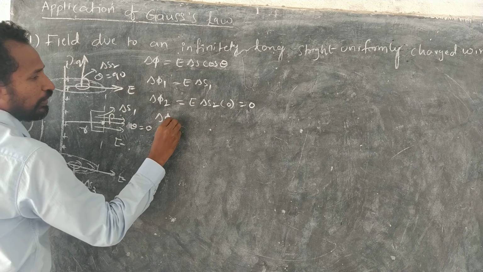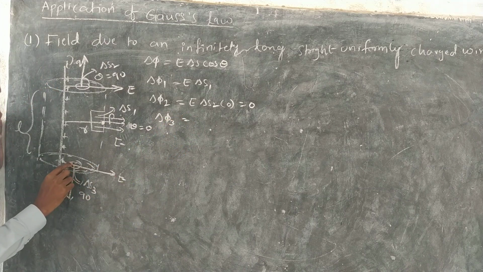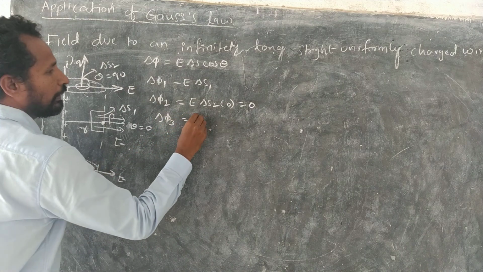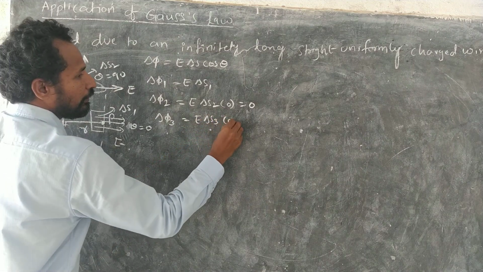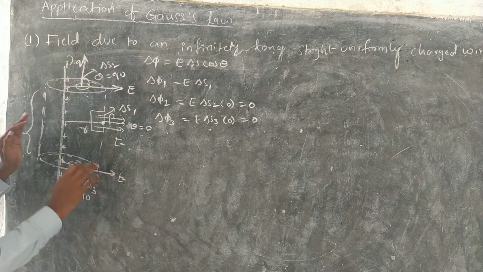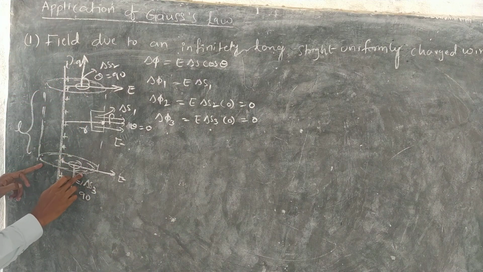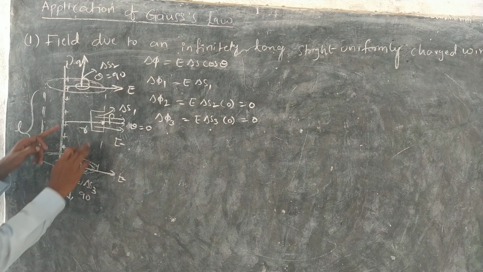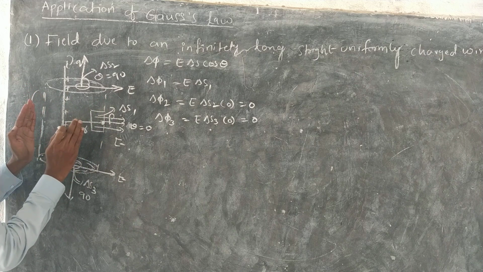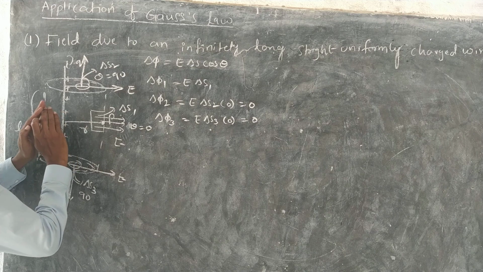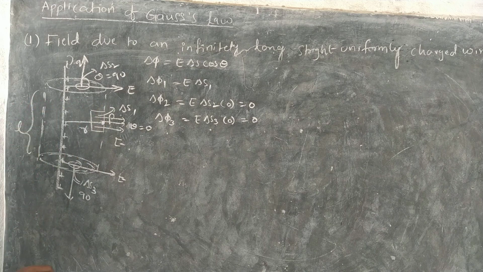Next, the third flux through this area, E delta S3. What is the angle here? 90, cos 90 is 0. So through these circular areas no flux is passing; the flux passes only through the Gaussian curved surface.